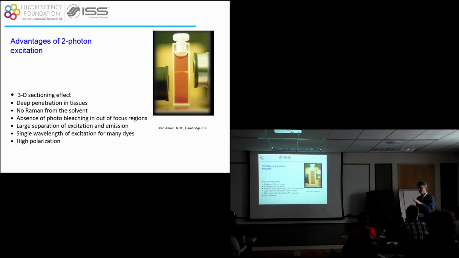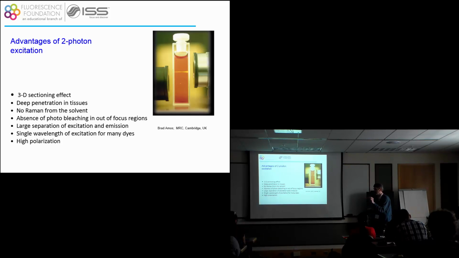So the difference between one photon and two photon from the practicality of use is that while the one photon occurs in an enlarged area, over the length of the 10 millimeters, the two-photon excitation occurs only in a small volume.